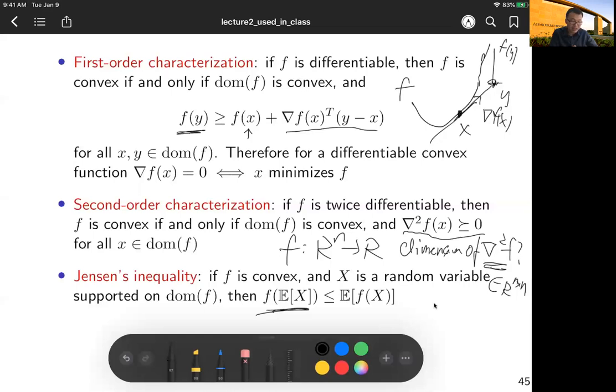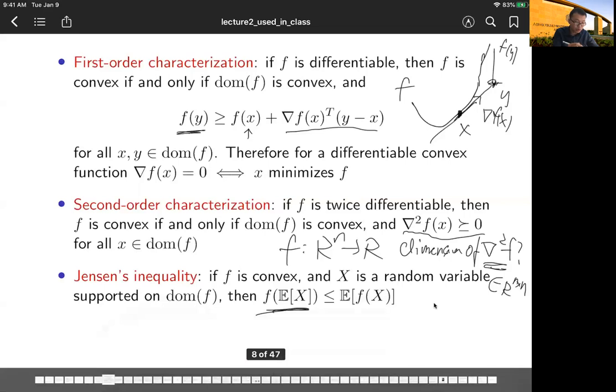For me, I could never really remember the direction of Jensen's inequality until I learned convex analysis and convex functions. Now it becomes extremely easy to remember.